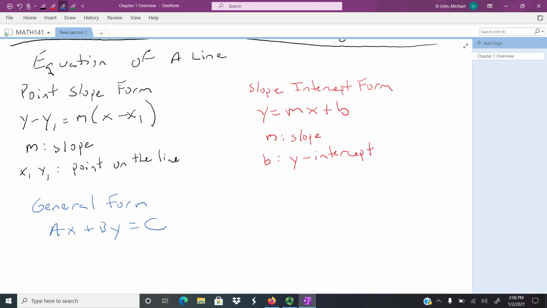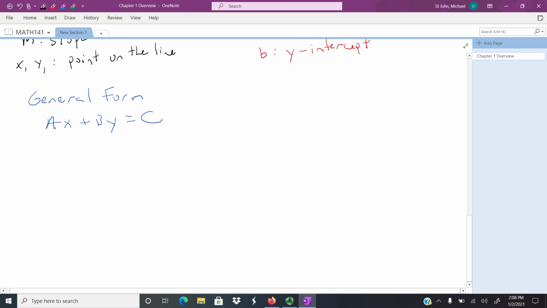So how do I write these? Let's go back and pick a couple of points here. Let's say we have 4, negative 3, and 6, negative 12. So we want to come up with the equation of a line that goes through these points.